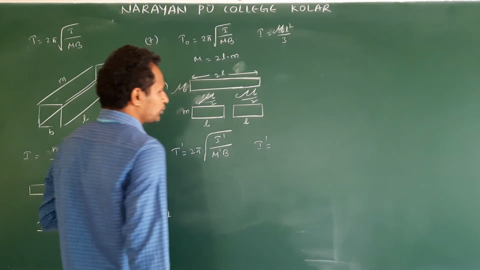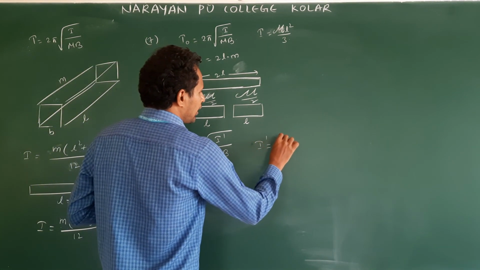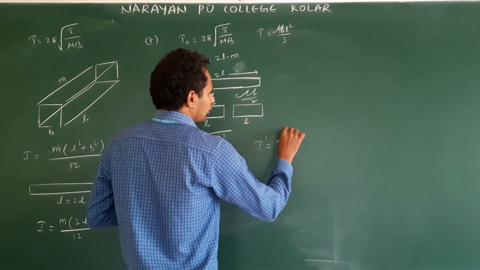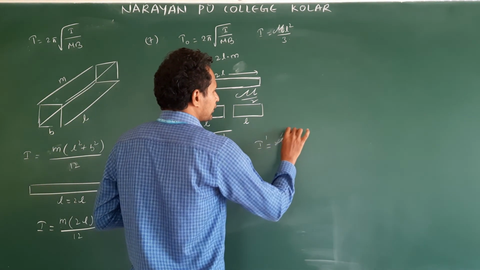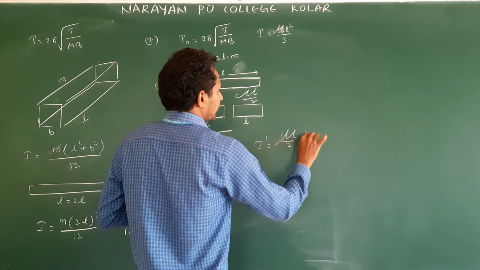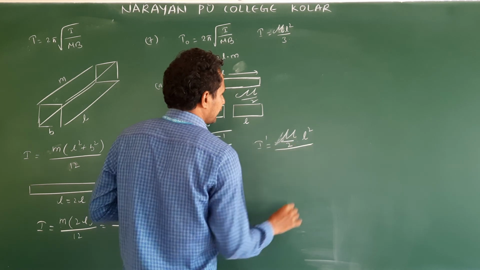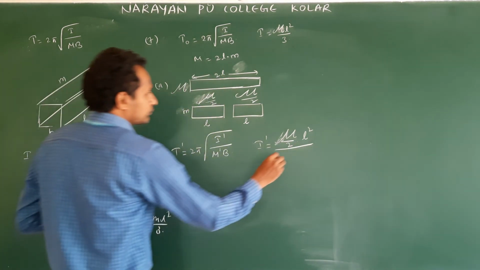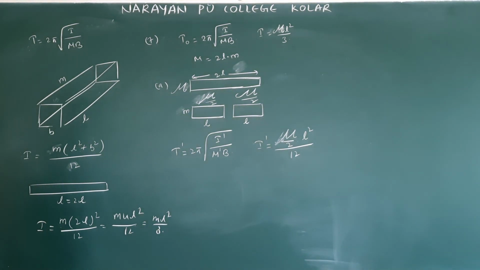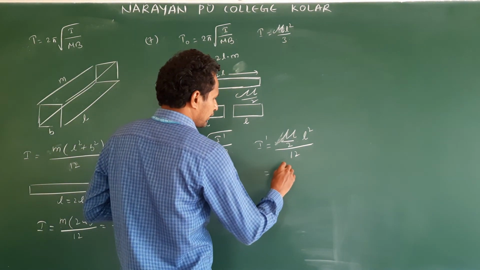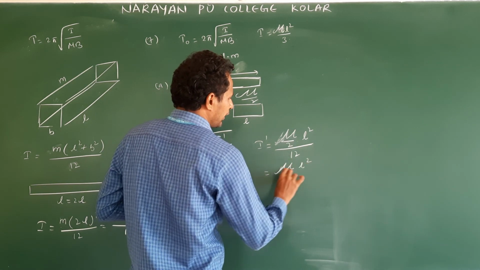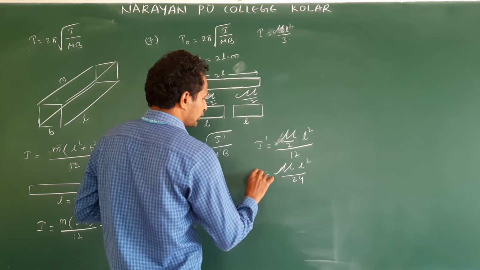I dash is equal to, this is mass. What will be the mass? M by 2. What will be the length? L square by 12. Am I correct or not? Then this will be M L square by 24, I dash.